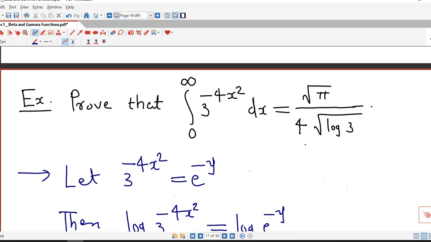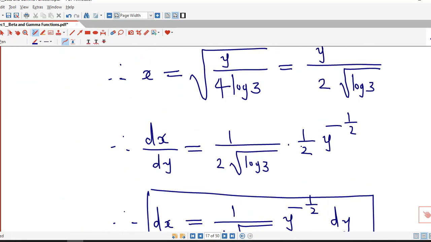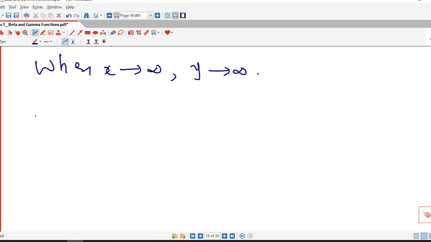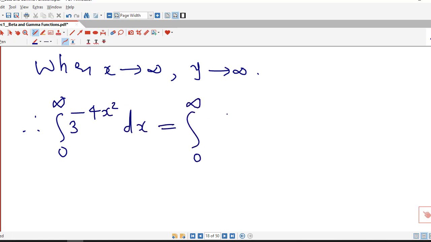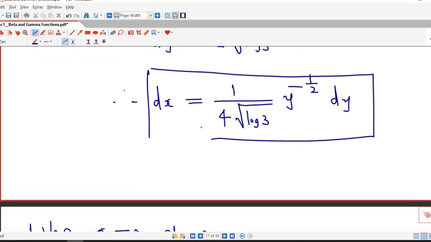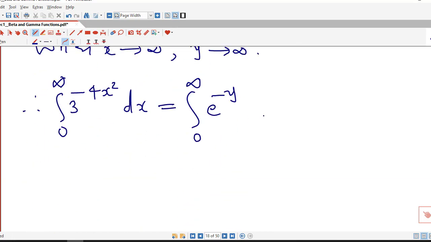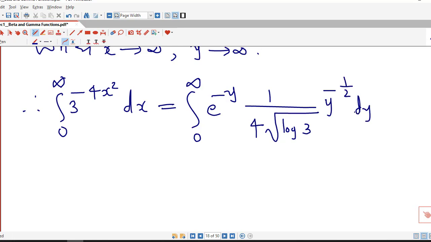Our integral is 0 to infinity 3 raised to minus 4x square dx. So therefore 0 to infinity 3 raised to minus 4x square dx, limits of y remains as it is, and we have taken 3 raised to minus 4x square equal to e raised to minus y, and dx is nothing but 1 by 4 square root of log 3 y raised to minus 1 by 2 dy.